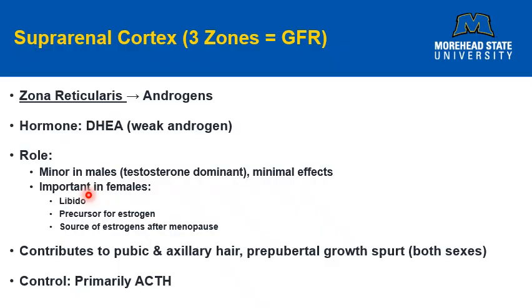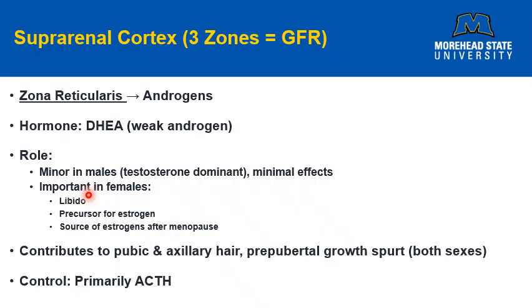It goes through a processing method where it actually becomes estrogen, and as such, estrogen leads to many of the functions down the line for the menstruation cycle, as well as becoming a source of estrogen after menopause, and it can also impact the libido.